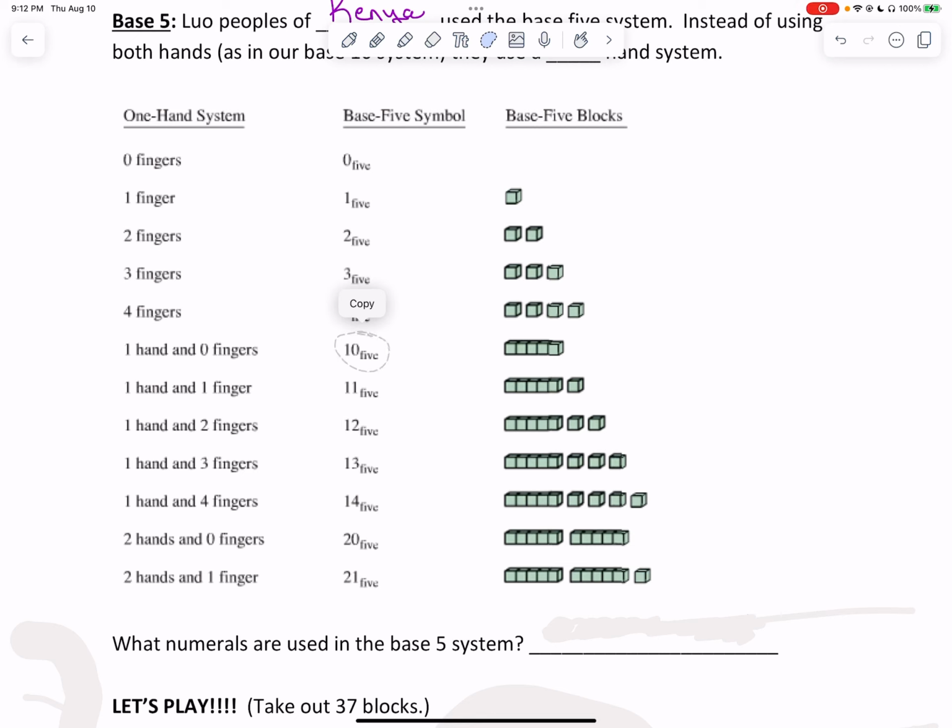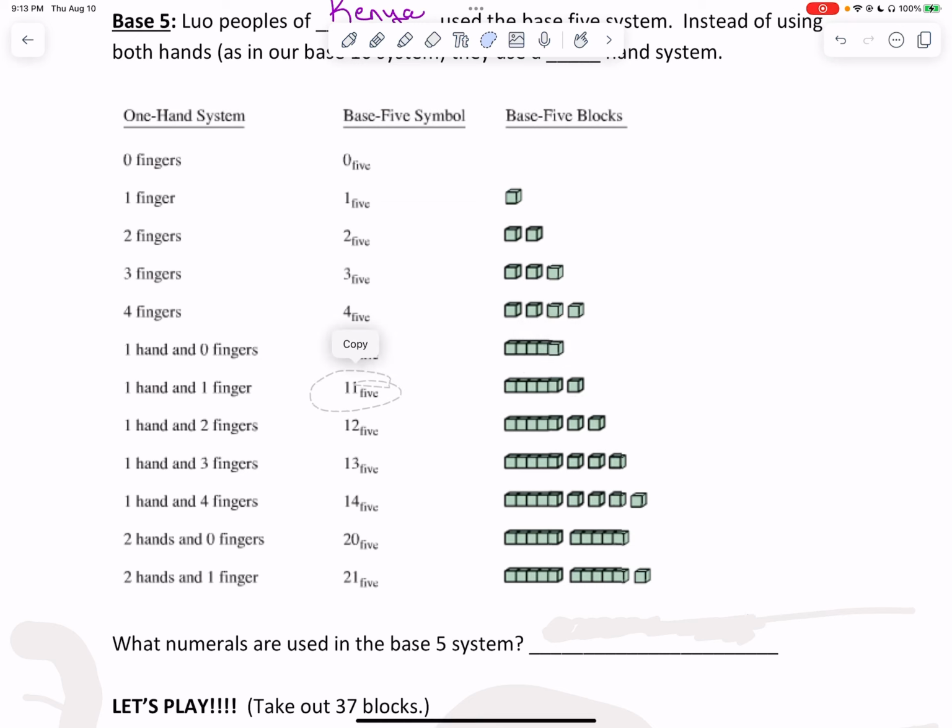So 10 in base 5 is actually 1 hand and no fingers. It's like you have 5. So 1 hand and 1 finger, we would call it 6, but it is 11 in base 5.